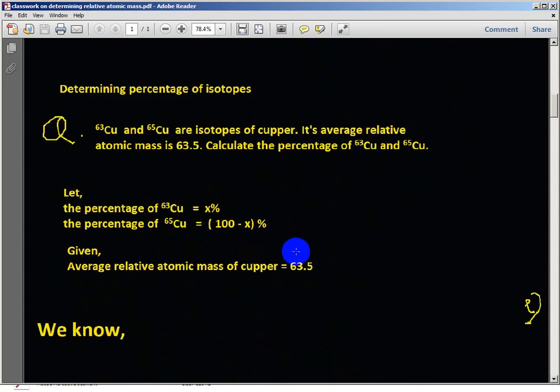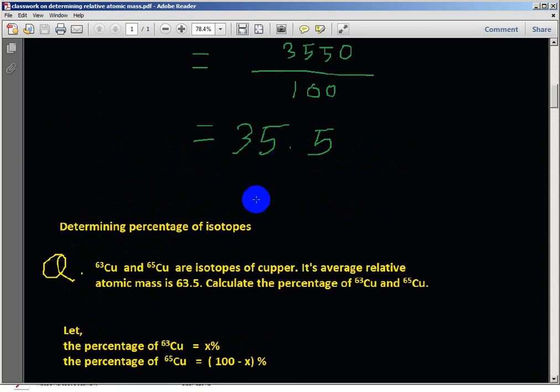Then determine the percentage of isotopes. Here the average relative atomic mass is given, 63.5 is given.